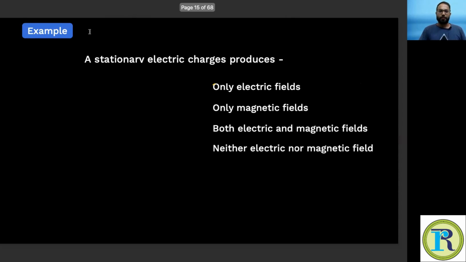Now let's try one question. Let's see who remembered all the points. The first question is: a stationary electric charge produces, option A, option B, option C, and option D. I'm giving only 5 seconds.